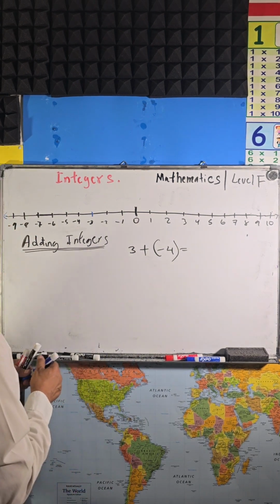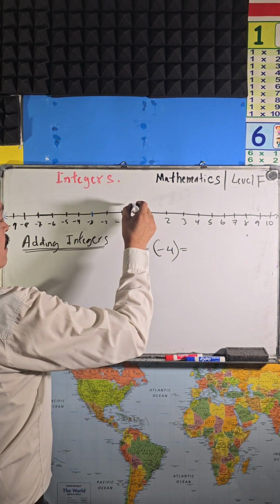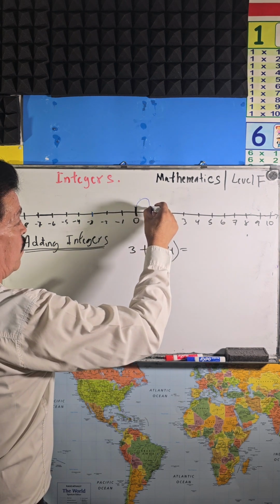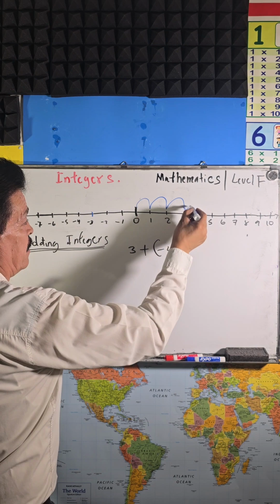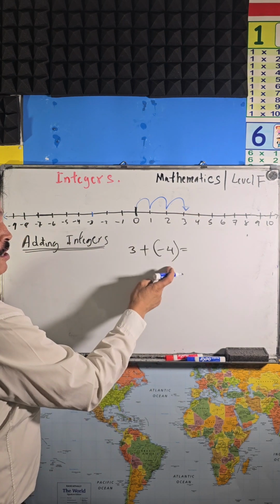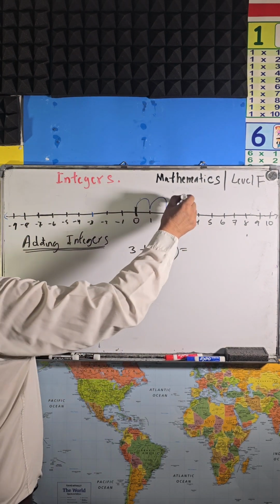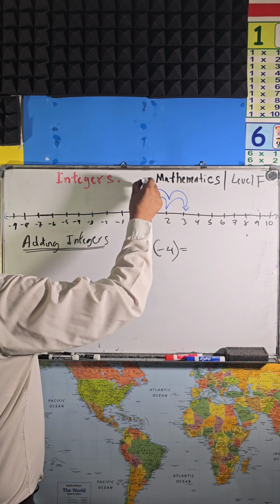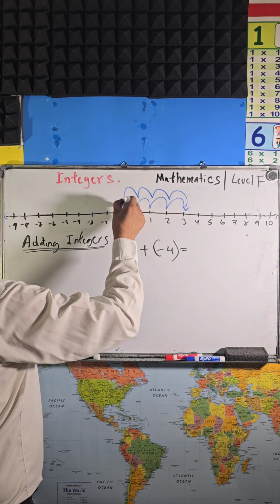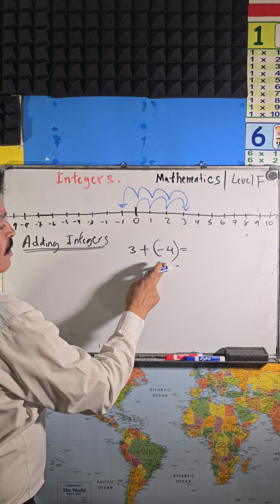If you have positive 3, 1, 2, 3, right here. See, 3 is to the right, the positive. Now you have to move to the left from here: 1, 2, 3, 4.